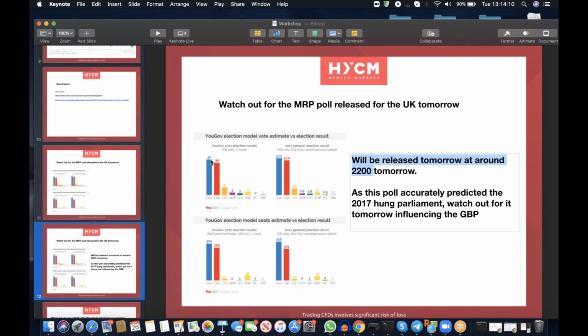If the Conservative party lead in the polls shrinks, then that's negative for the pound, because then it's more likely that there's a hung parliament, or maybe Labour get in control and the Brexit agreement plan isn't voted on. So that's why the polls are moving it, and that's how they're moving it.